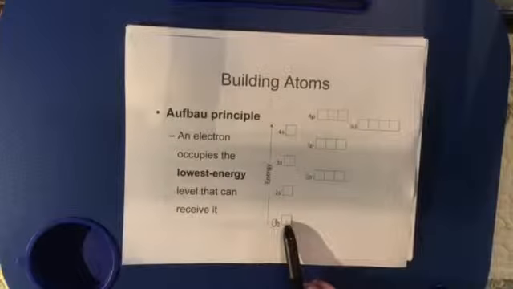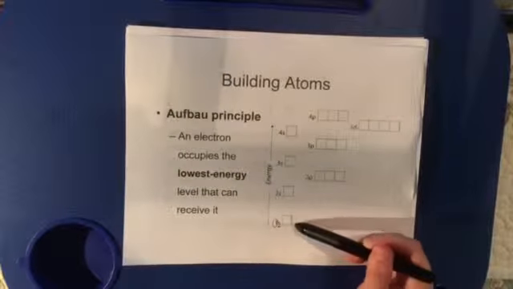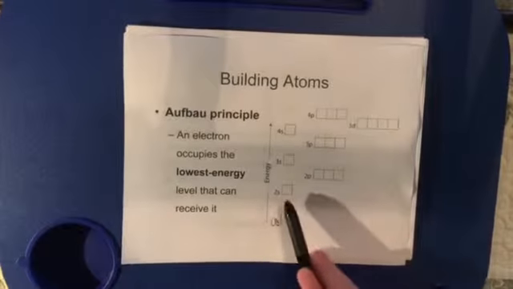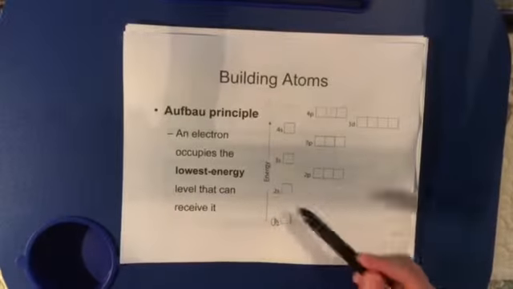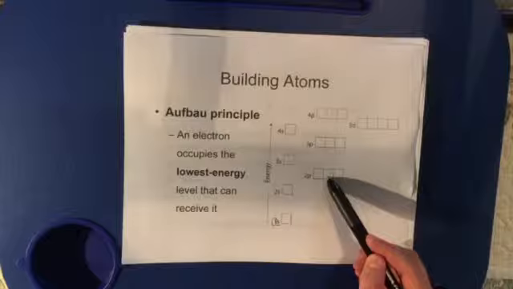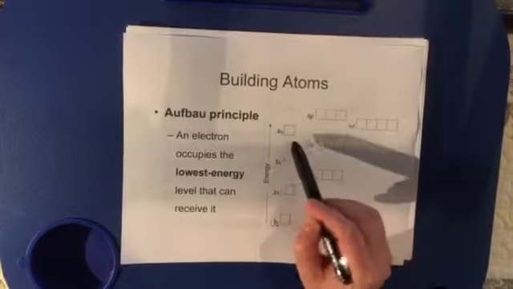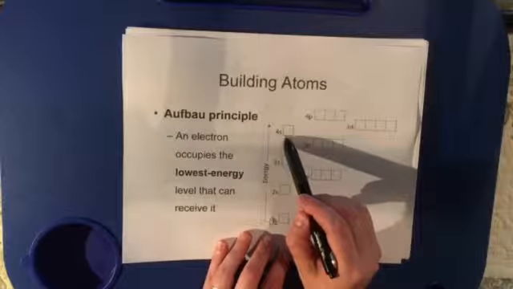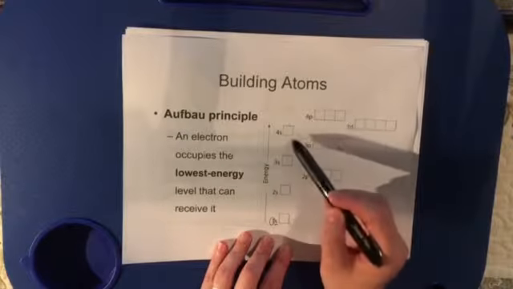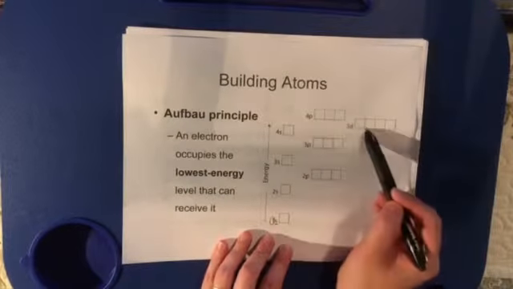So s orbitals are the lowest in energy, and you're going to want to fill that first. Then you go to the 2s, you fill that, 2p, fill that, 3s, 3p. Notice that the 4s is lower in energy than the 3d, and so that would fill before the 3d.